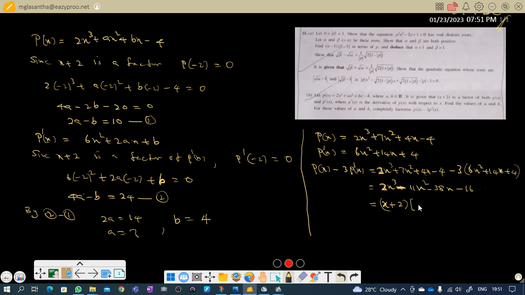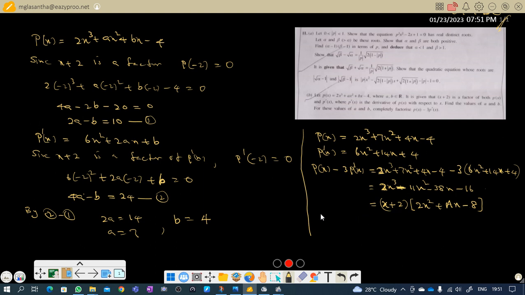Then the other factor you can write as 2x squared plus ax minus 8, like that. You can set the constant term minus 16, so you can put minus 8 here so that you get minus 16. The coefficient of x cubed is 2, then x into 2x squared is x cubed. Only you have to find the coefficient of x in this quadratic factor.